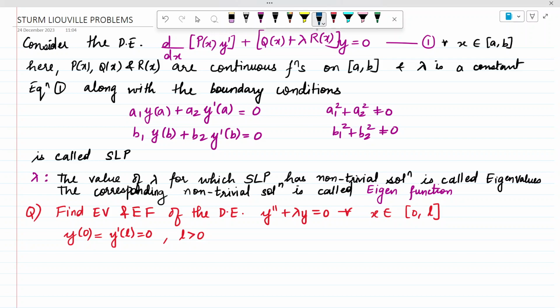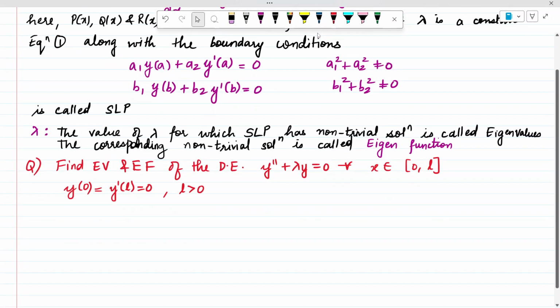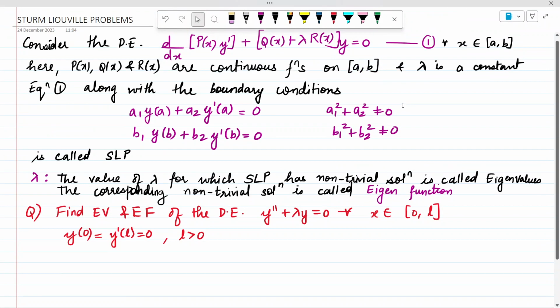First, is this a Sturm Liouville problem? Yes, students. Is this in the standard form? Yes or no? The standard form of the Sturm Liouville problem is in equation number 1, which is visible to you on the screen. Is this the standard form of the Sturm Liouville problem? If yes, what is the value of P of x? What is the value of Q of x?